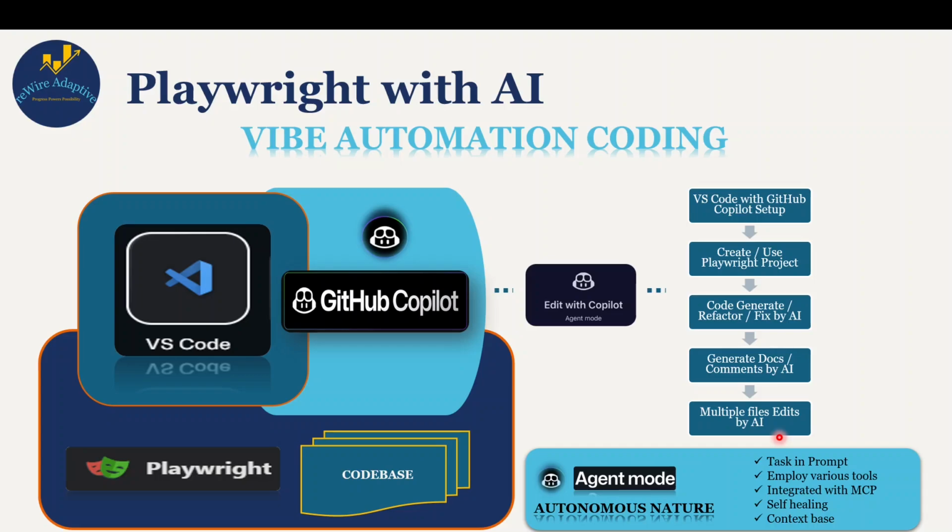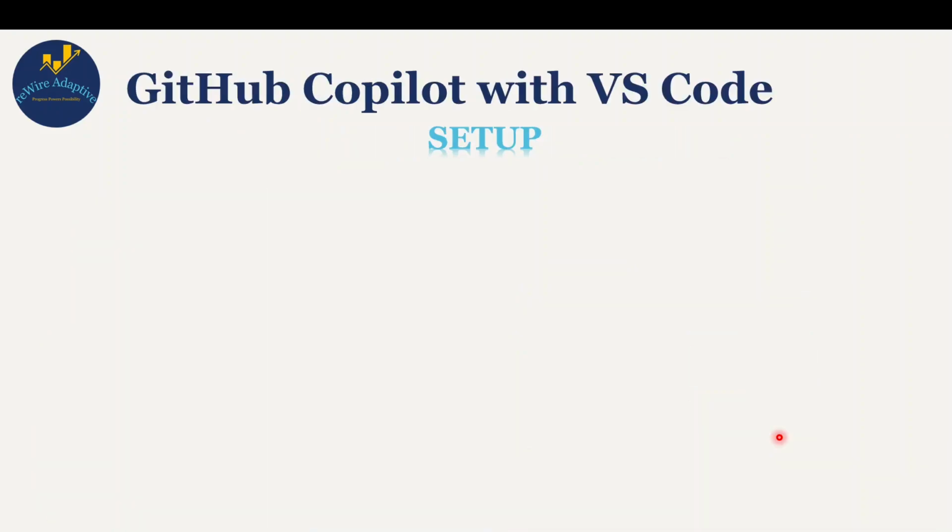Okay, so this is the overall set of features of GitHub Copilot with respect to how we can perform automation for Playwright. I'll show you this in the screencast. So what is the setup? I'll just give you an overview.